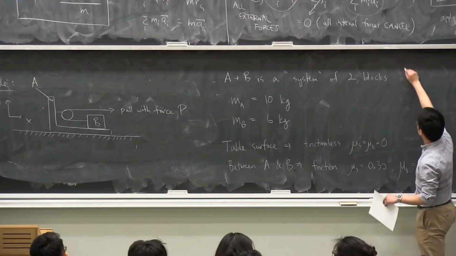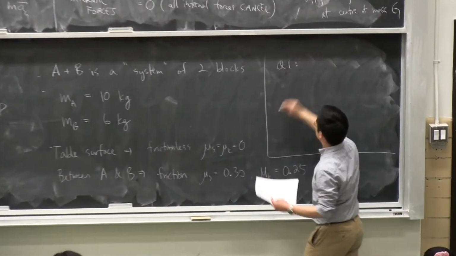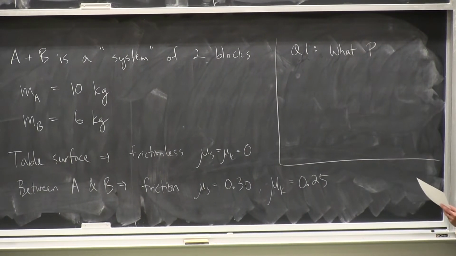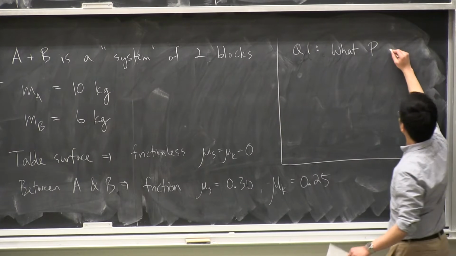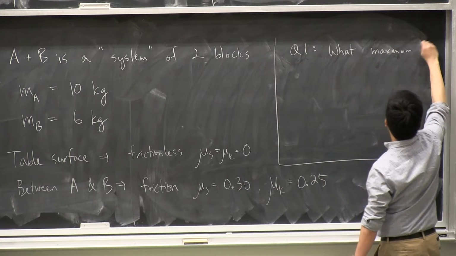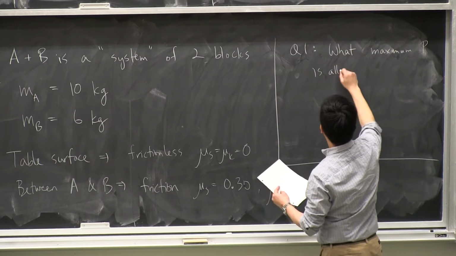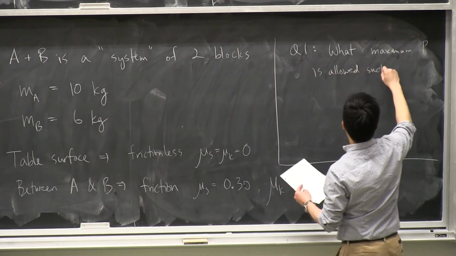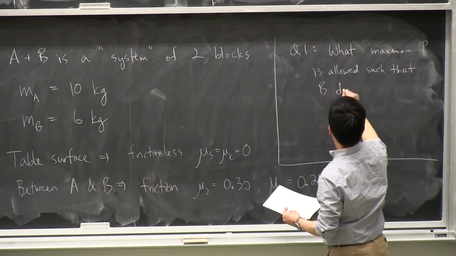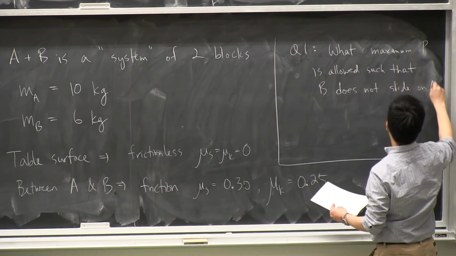So here's our questions. I'll lay them out here. So the first question, Q1, is what force, what P, pulling force, let me rephrase that. What maximum P is allowed such that B does not slide on A?